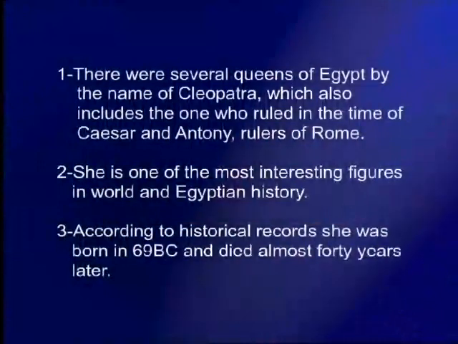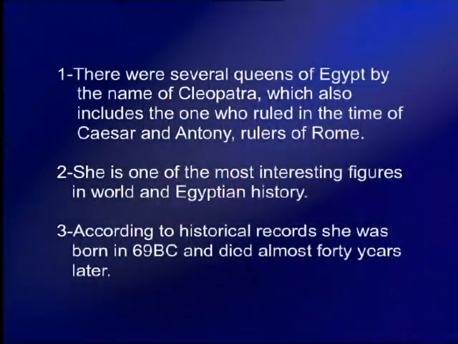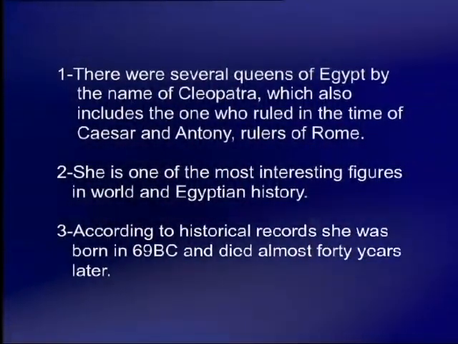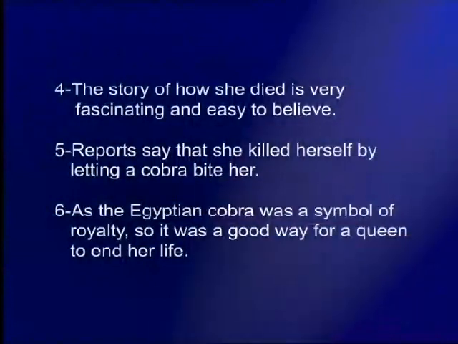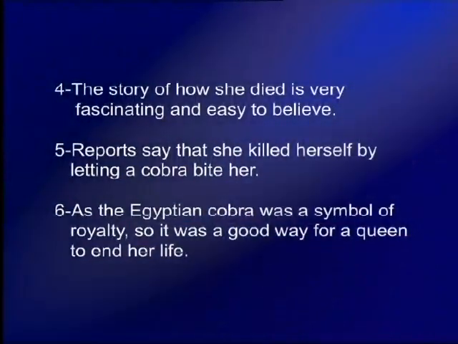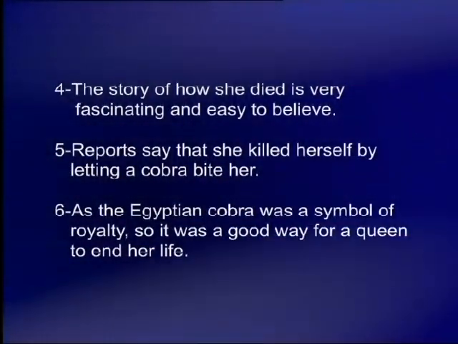Sentence number 3. According to historical records, she was born in 69 BC and died almost 40 years later. This sentence is entirely based on facts, historical facts, which can be checked. Number 4, the story of how she died is very fascinating and easy to believe.